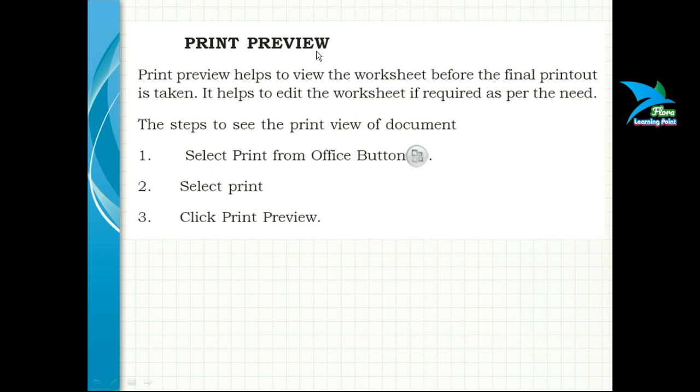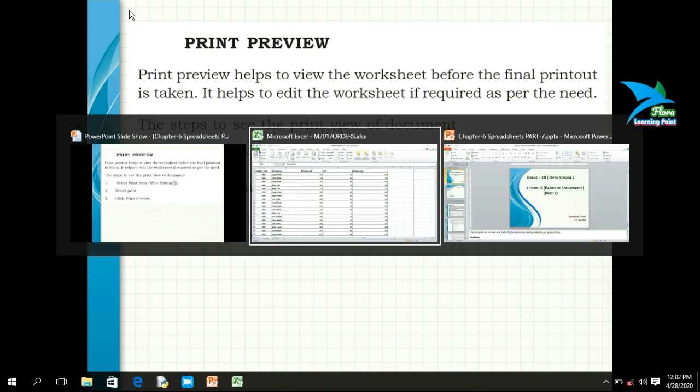Next we'll discuss the print preview option. We have already discussed print preview in this session also. Print preview helps you to view the worksheet before the final printout is taken. That means if you want to check the layout of your worksheet and the actual output of the page when you take a printout of that worksheet, then you can click this print preview tab.